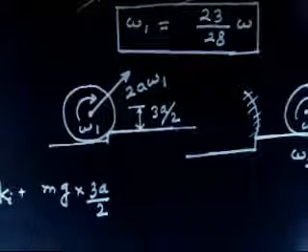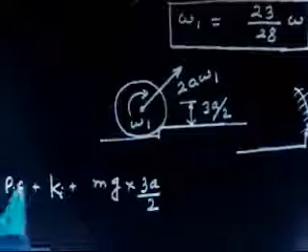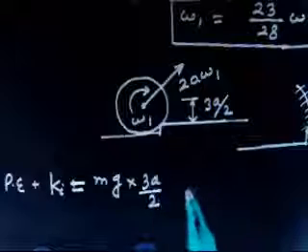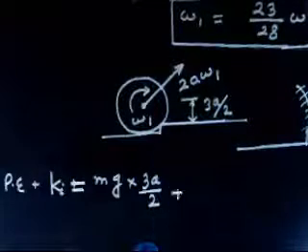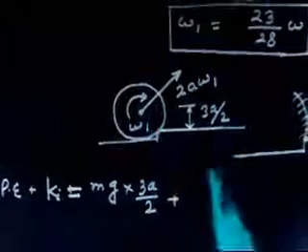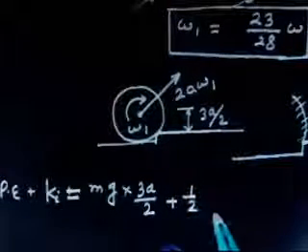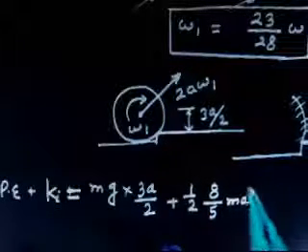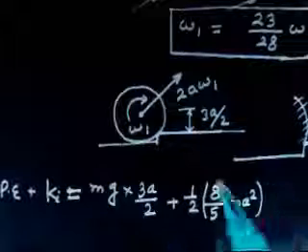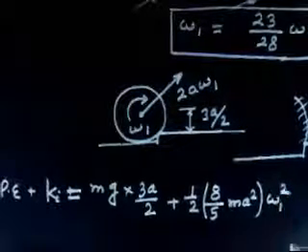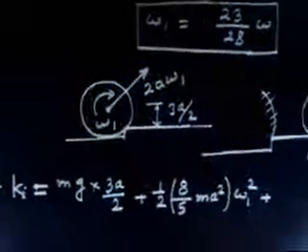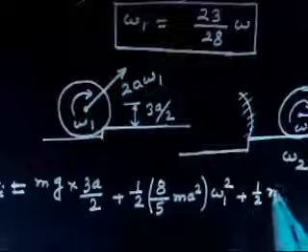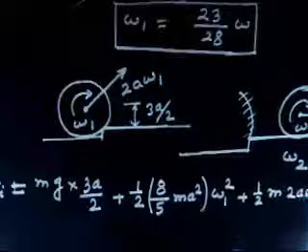We have two kinds of kinetic energy, rotating as well as moving. So half I omega square, where I is 8 by 5, omega is omega 1, plus half m v square, where v is 2a omega 1.